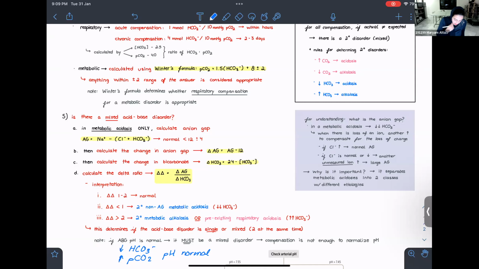Okay, then that means it's a mixed acid-base disorder, because you can't have both of these at the same time. If the pH is normal, that means it's kind of coming into the middle range here.